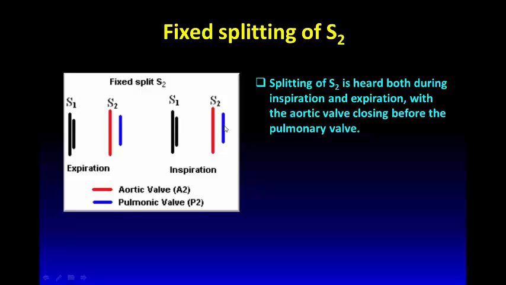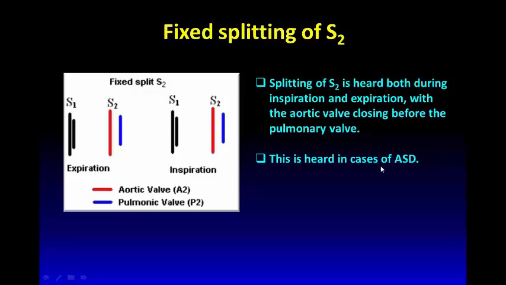So not only the second heart sound splits during inspiration, but when there is fixed splitting of the S2, it also splits during expiration. And this is heard in cases of atrial septal defect.